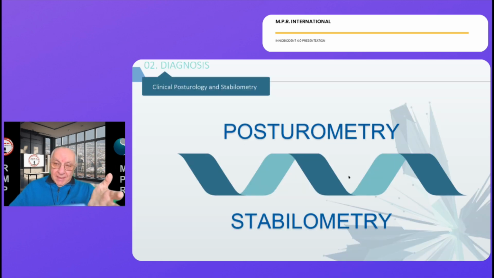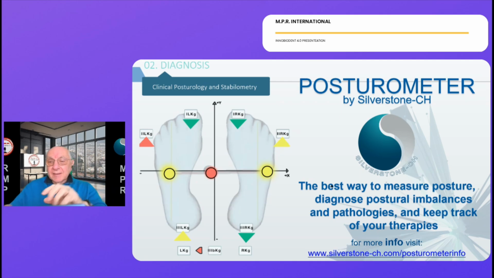Let's make a brief introduction to posturometry and posturometer so you can understand the process. The posturometer we developed in our school allows us to objectively analyze the body's static posture, enabling us to plan and carry out a treatment in perfect postural balance.